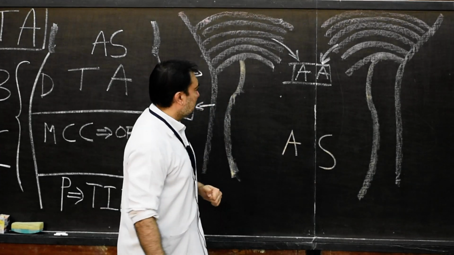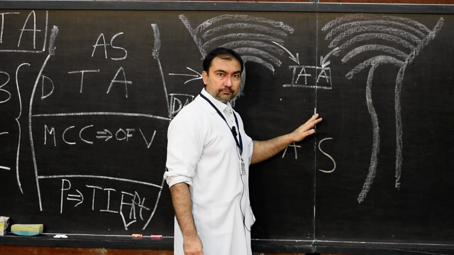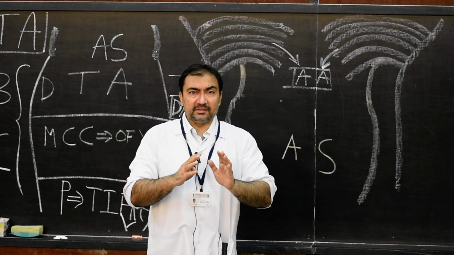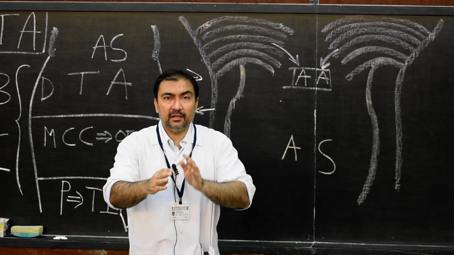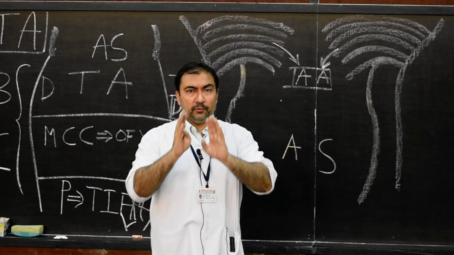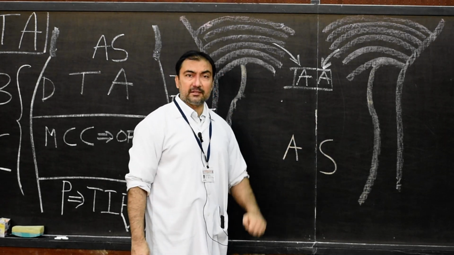Now, what will happen? The entire truncus arteriosus will divide into aorta and pulmonary trunk. That is the main portion. How do we divide the entire truncus arteriosus into aorta and pulmonary trunk?